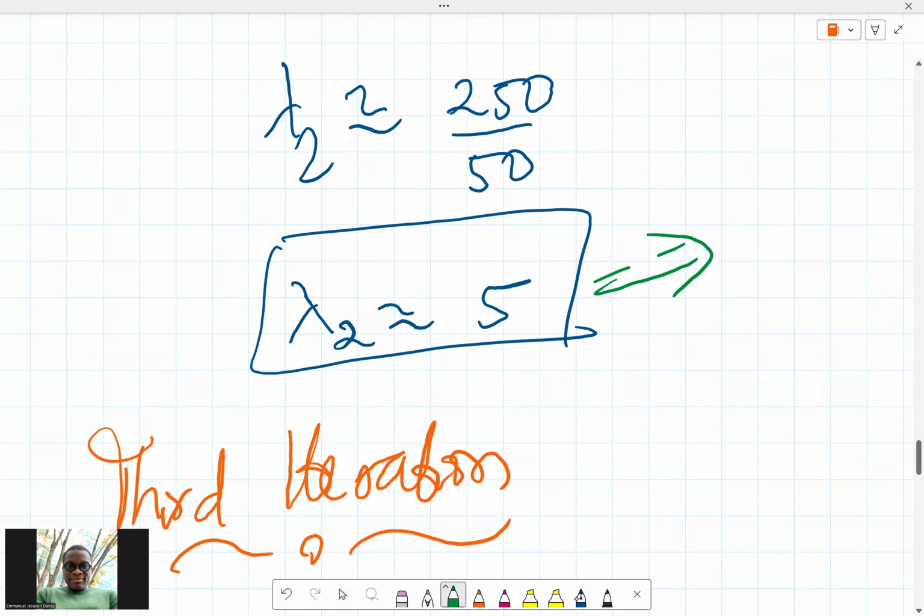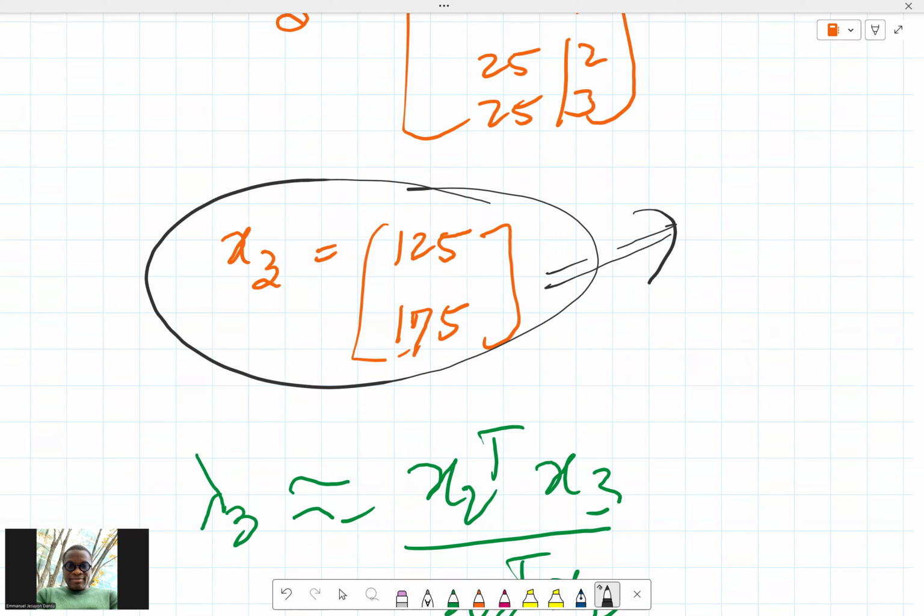So if you look at this, we can say this is 125 over 175, then 175 over 175.